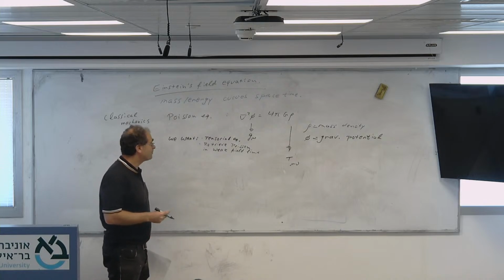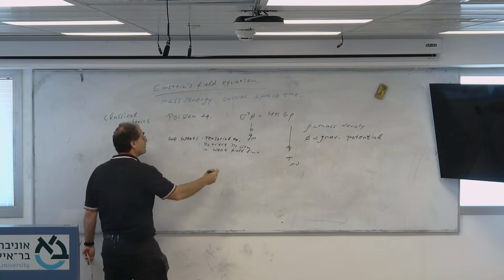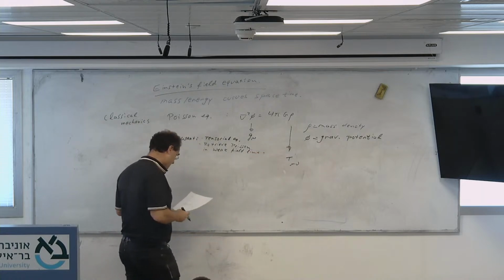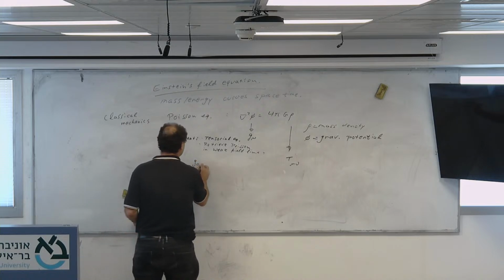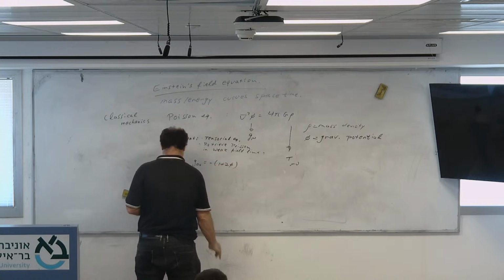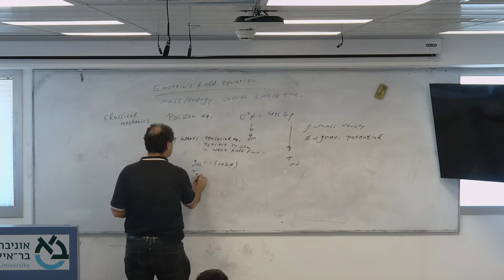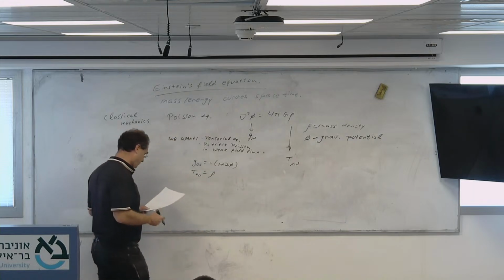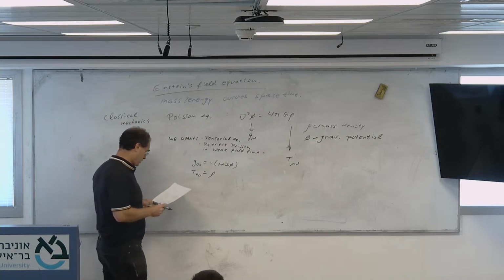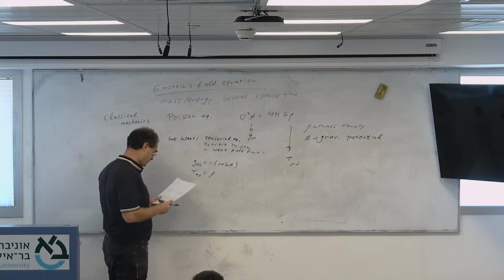Now remember, in the weak field limit, we had g00 equal to minus 1 plus 2 phi, and T00 equal to rho.